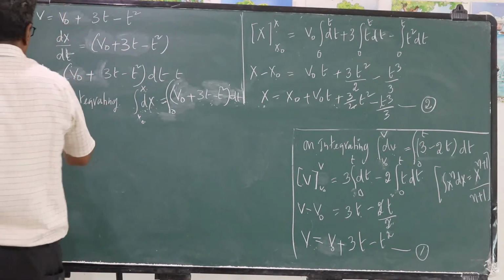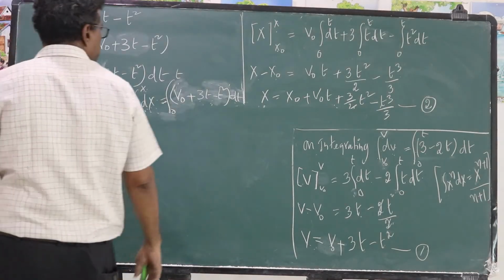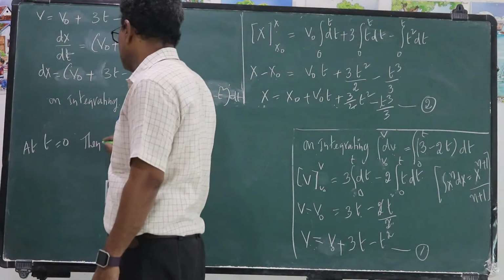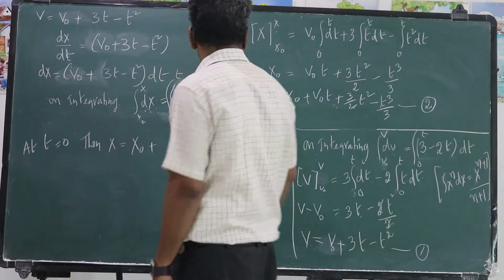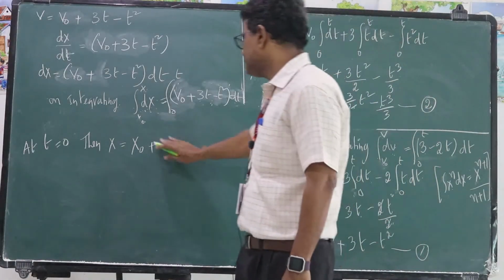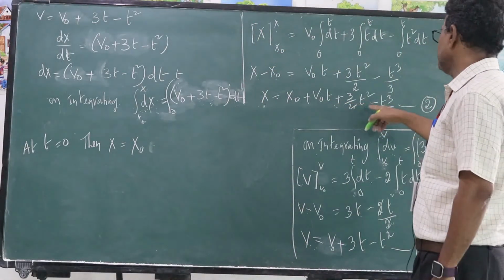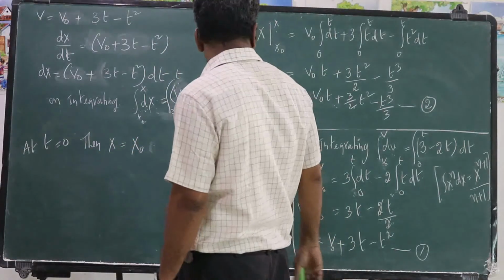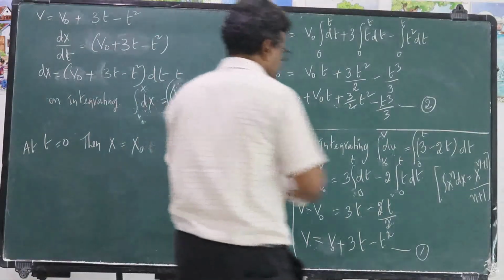At t is equal to 0, what is x? x naught plus, this becomes 0, so you will get 0. You substitute t is equal to 0, you will get x is equal to x naught.